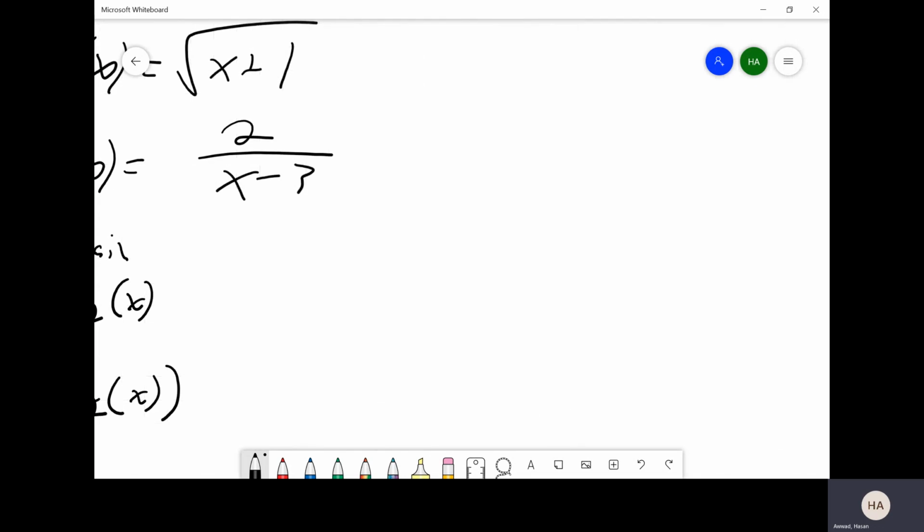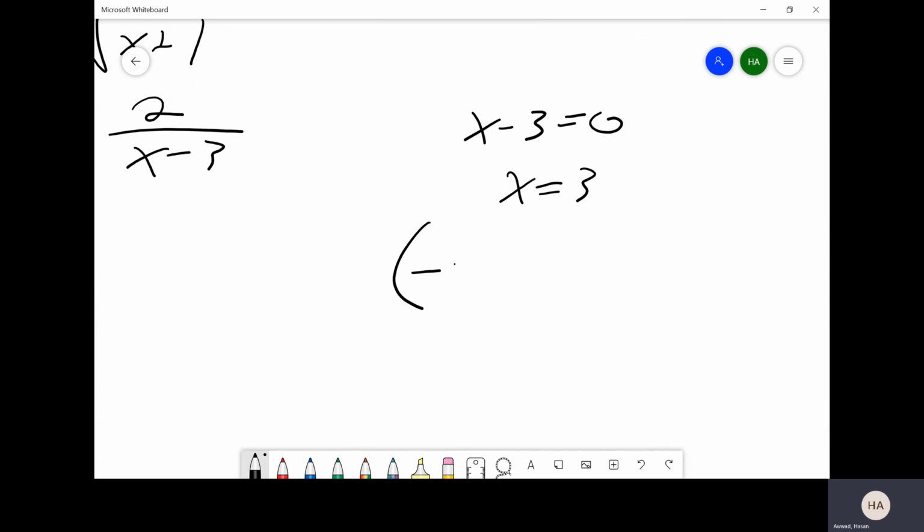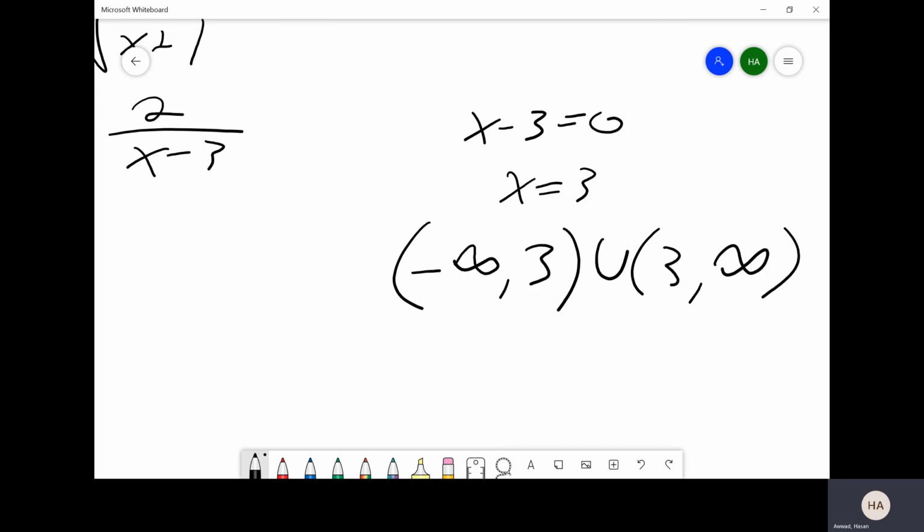So we say, great, x minus 3 is equal to 0, which means x is equal to 3, and this tells us when x is equal to 3, we get a 0 in the denominator, and it's undefined, right? We would have 3 minus 3 in the denominator, which is 0, and we have a problem. So as a result, our domain is all the numbers except for 3, so all the numbers to the left of 3, union with all the numbers to the right of 3.